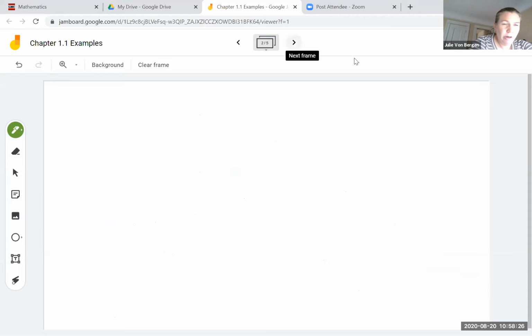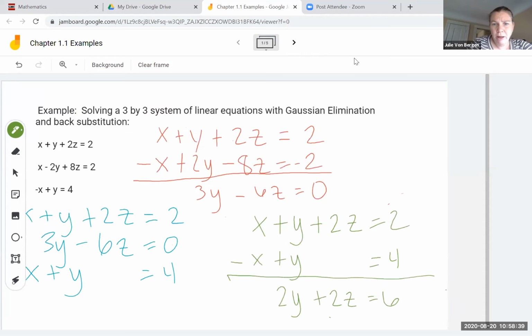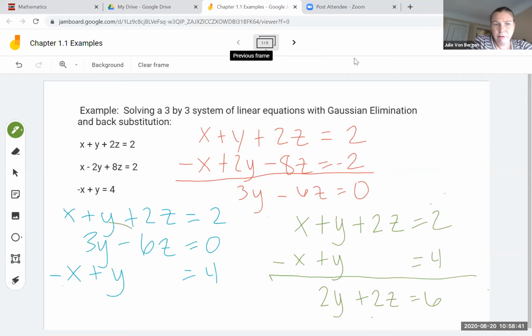Our first equation remains unchanged. It is x plus y plus 2z equals 2. Our second equation is now 3y minus 6z equals 0, this equation right here.